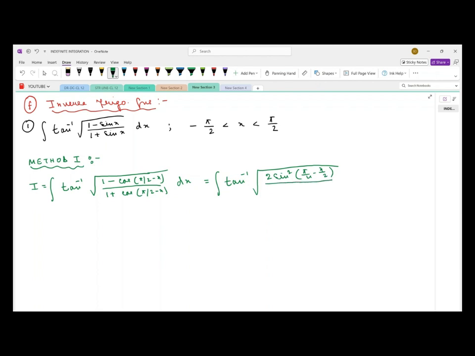And this is 2 cos square pi by 4 minus x by 2 dx. So now this simplifies to tan square. So this is tan.